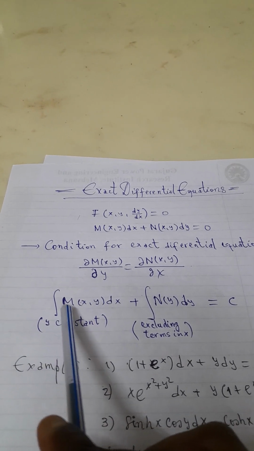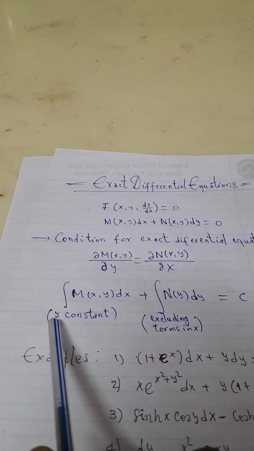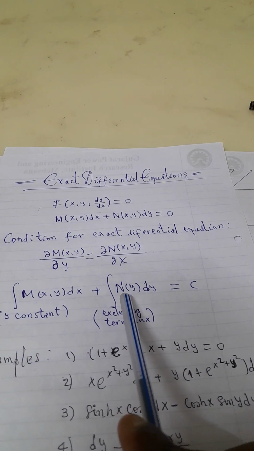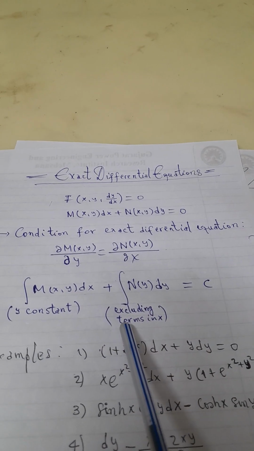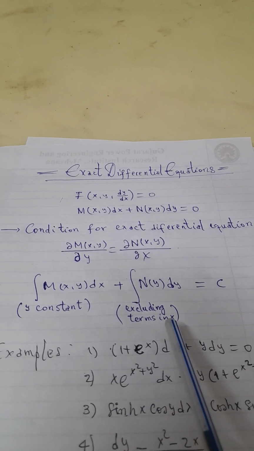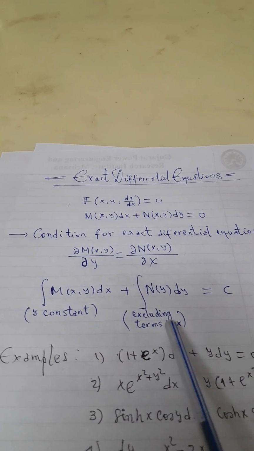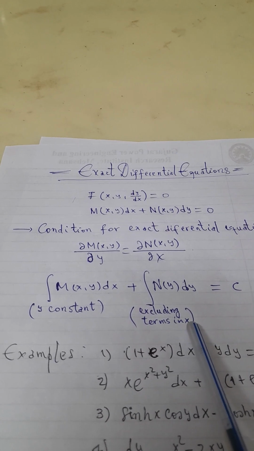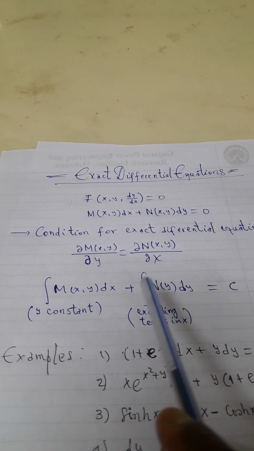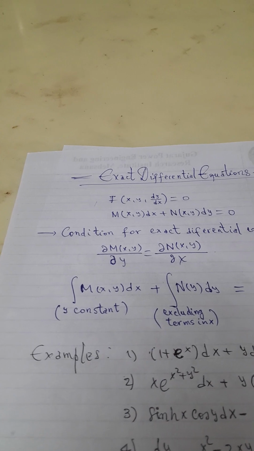When you integrate M with respect to x, you will have to consider y as a constant, and when you integrate N with respect to y, you have to exclude every term that contains x. By this we mean we consider every term in x equal to 0, so we will have only terms in y, so that we can apply the integration.